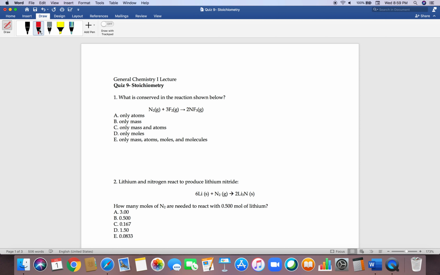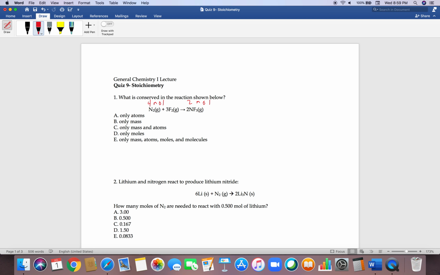But for number 1, one thing I want to point out is that on our reactant side, we have 4 moles. And on our product side, we have 2 moles. So we're actually losing moles here. So moles is not conserved.